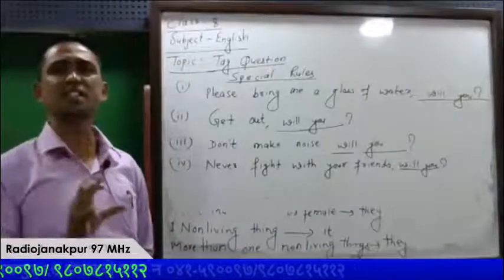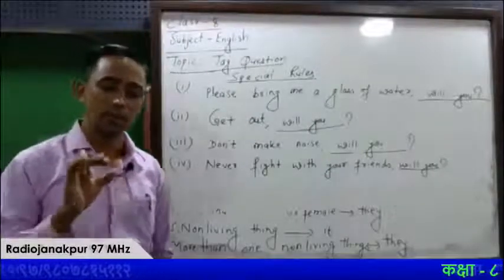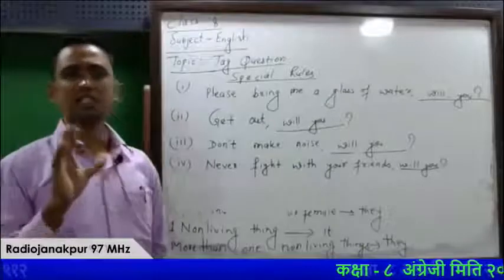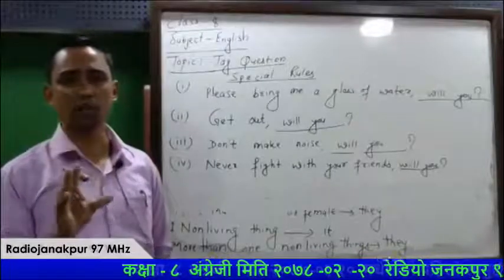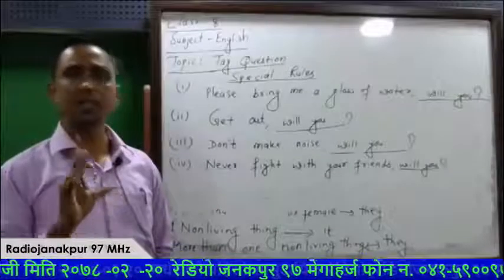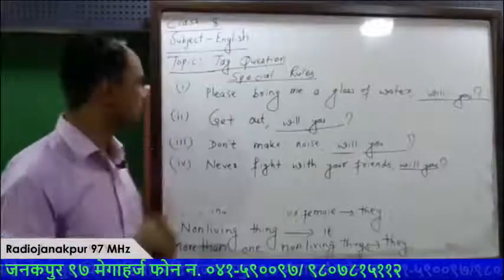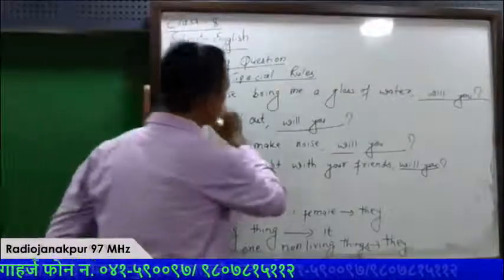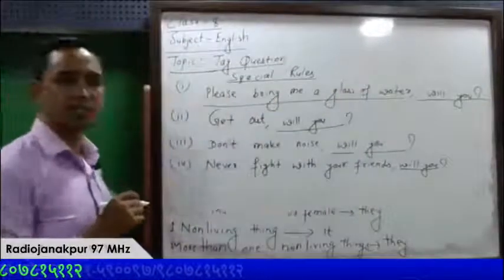So, first of all, we have to understand what imperatives are. What kind of sentences are called imperatives in grammar? Those sentences which give you command, order, suggestion, advice, they are called imperatives in grammar. For example, please bring me a glass of water. This sentence gives you a request.